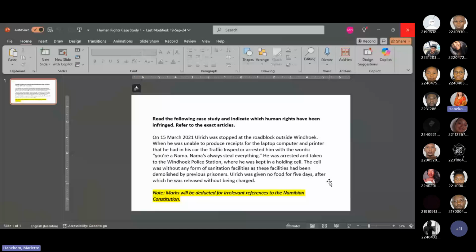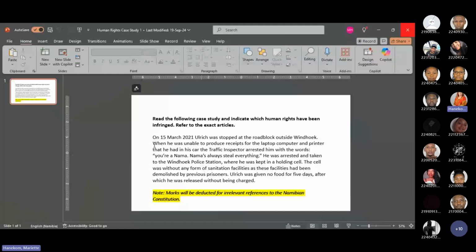Okay, in the exam, and 100%, and also in your test, you will be getting a case study. This is an example of a case study. It's a story that I made up. And then the question is, read the following case study, indicate which human rights have been infringed.